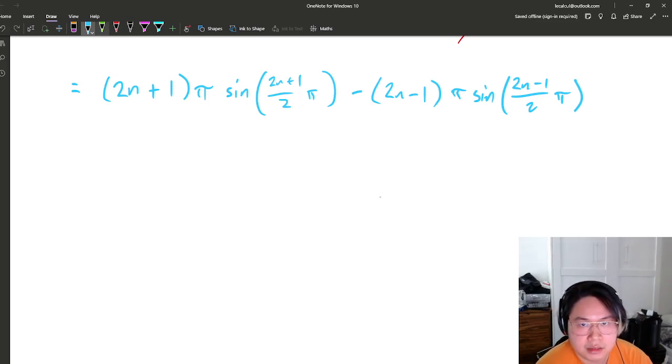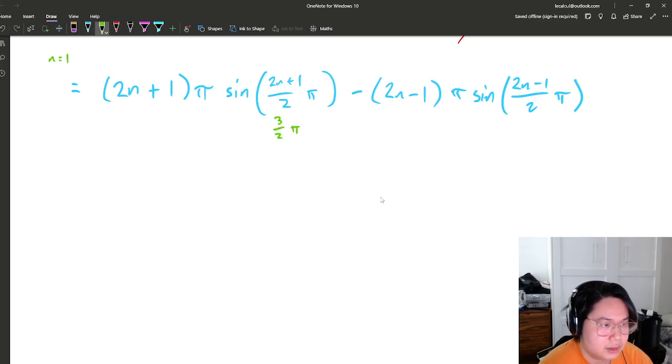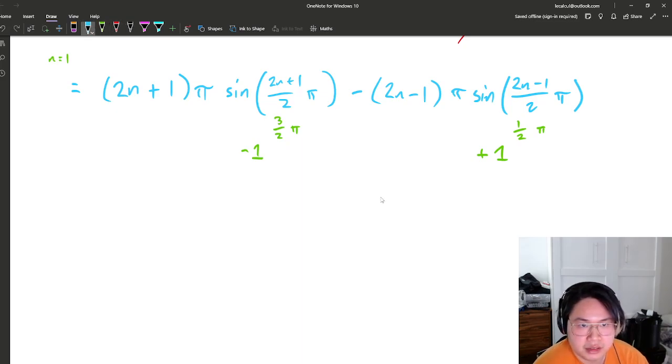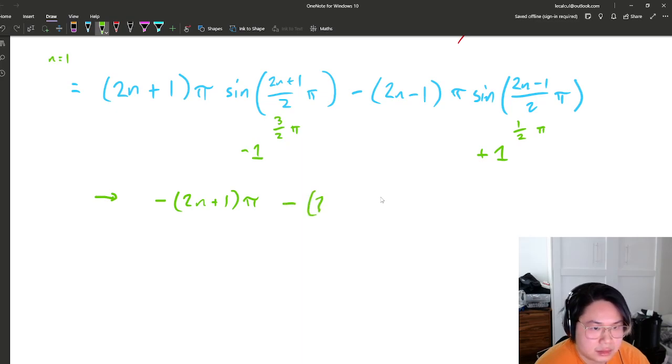So when n is 1, this is 3/2 of pi and this is 1/2 of pi, which means sine will be -1 here, and sine will be +1 here. So this expression will simplify to negative 2n plus 1 pi minus 2n minus 1 pi.